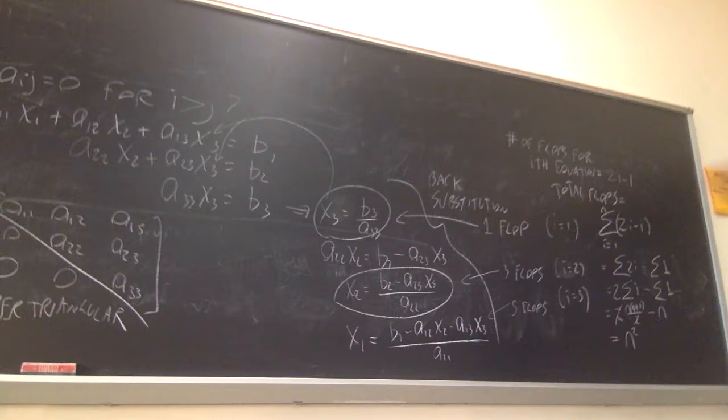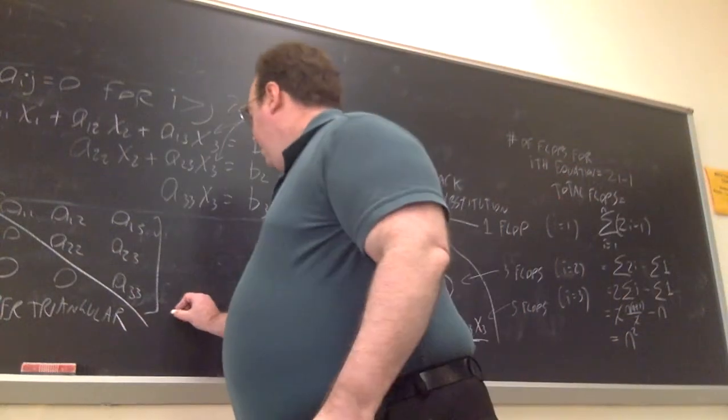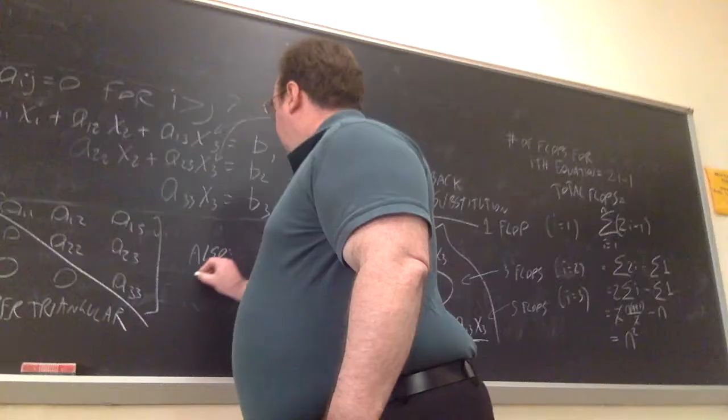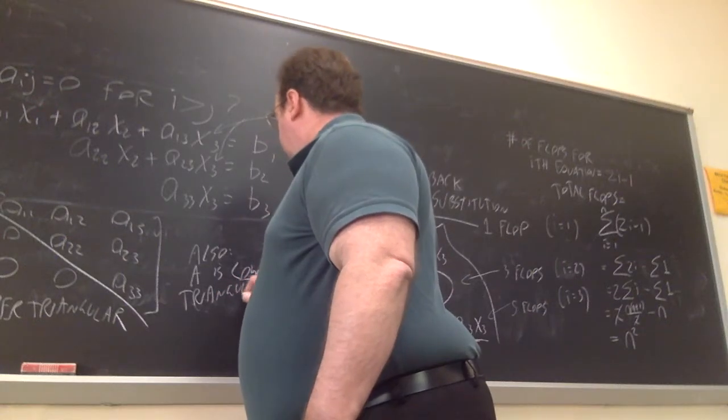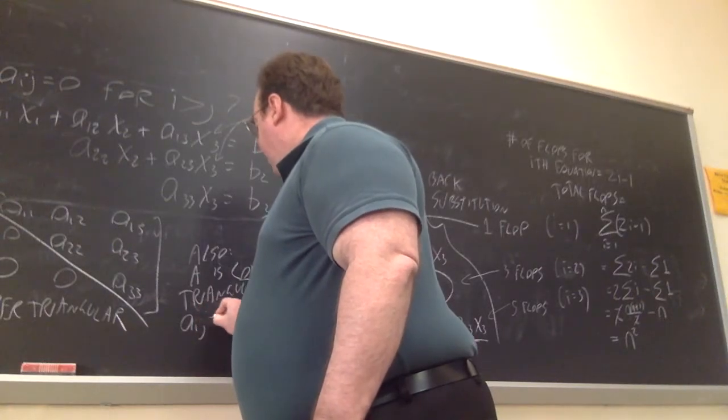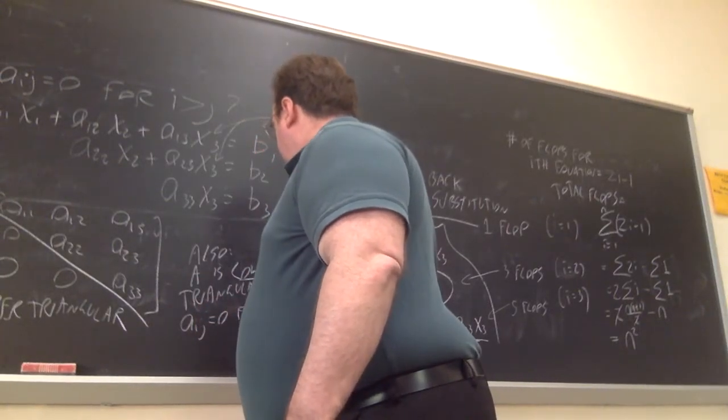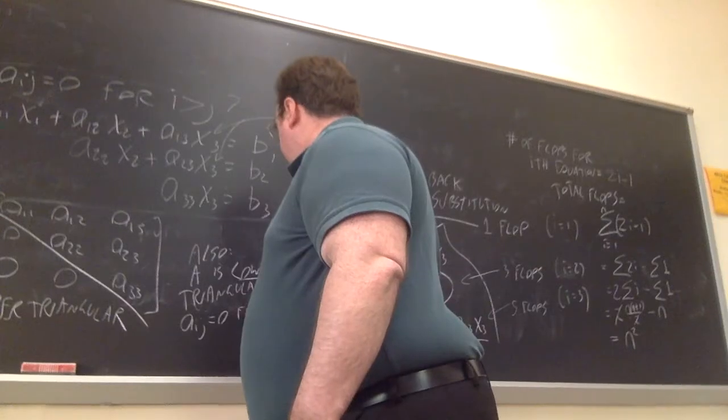Okay, so this is a not as simple system, but one that once reduced to this form, we can go ahead and find a solution. Now, similarly, the matrix A is lower triangular if the ij entry is 0 for i strictly less than j.